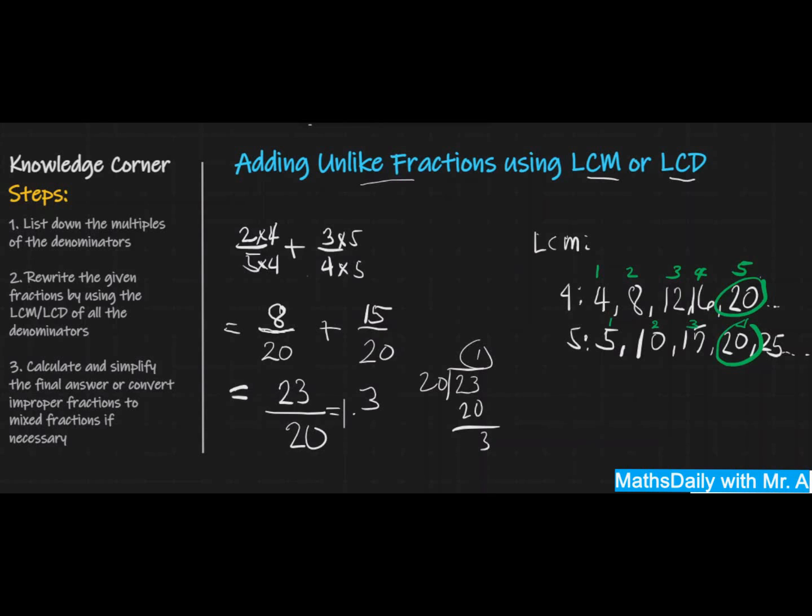The remainder becomes the numerator, and the divisor 20 or the denominator remains the same. Alright, so this is our final answer. So that is how we add unlike fractions using LCM or LCD. You can also apply this method when you are adding 3 different fractions at a time.